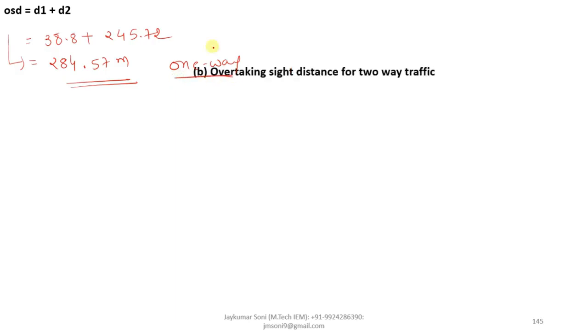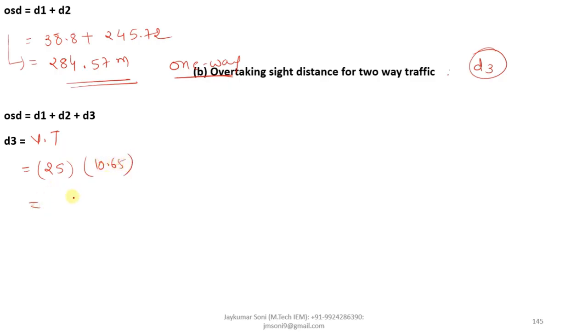But we need to calculate for two way also. For this, we have to add the value of d3 to d1 plus d2. We already have d1 plus d2 as 284.57. What we will do, we will just calculate the value of d3. Equation for d3 is v into t. We have the value of v in meter per second, yes, it is 25. We have the value of t, yes, the value of t is 10.65.